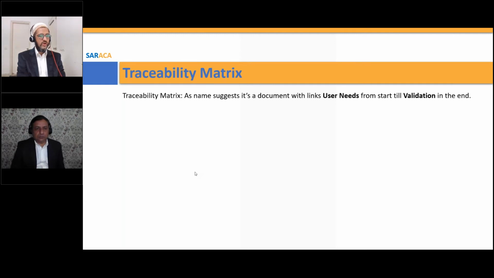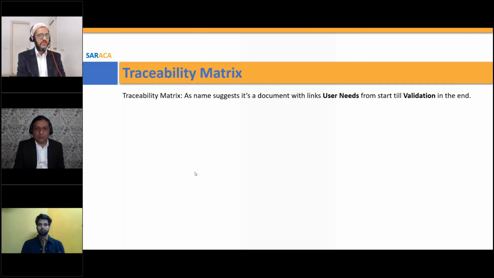You can have a separate document for user needs, then product specification and so forth. But if you have this one document, you'll have all the linkages from the start till the end, so that if you present this document to an auditor, they can see the whole picture in one go.